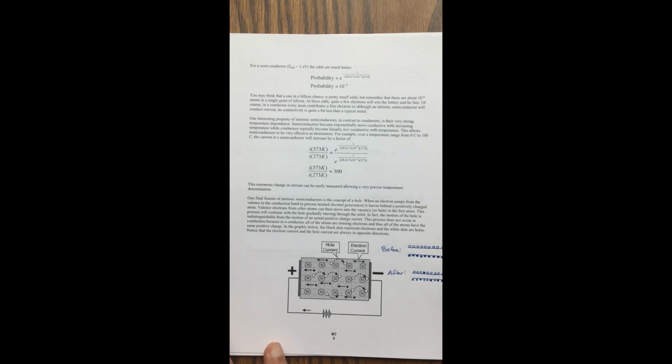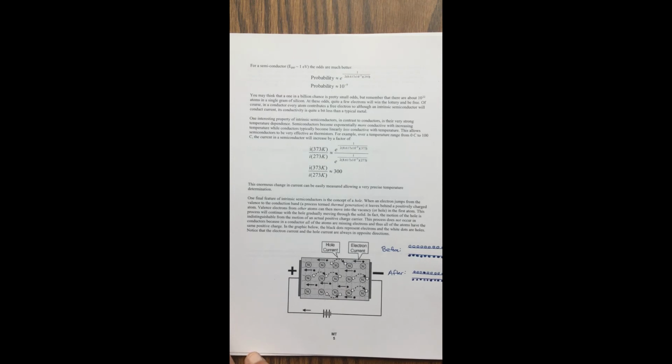One interesting property of intrinsic semiconductors in contrast to conductors is their very strong temperature dependence. Semiconductors become exponentially more conductive with increasing temperature, while conductors typically become linearly less conductive with temperature. This allows semiconductors to be very effective as thermistors.